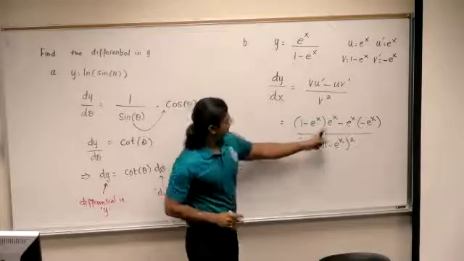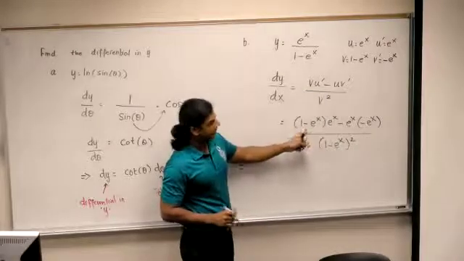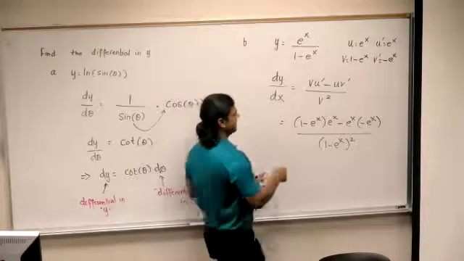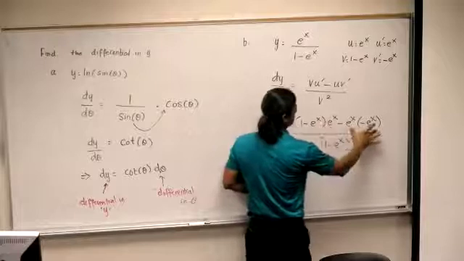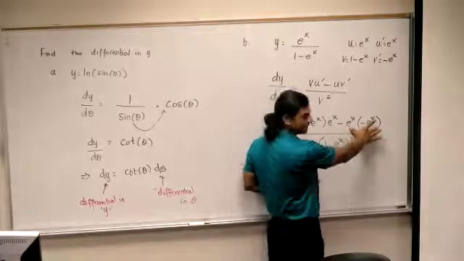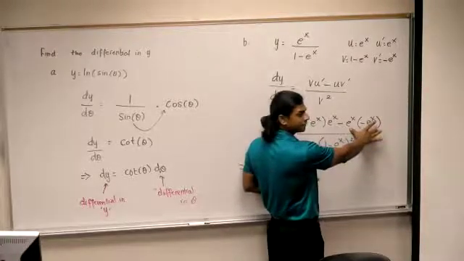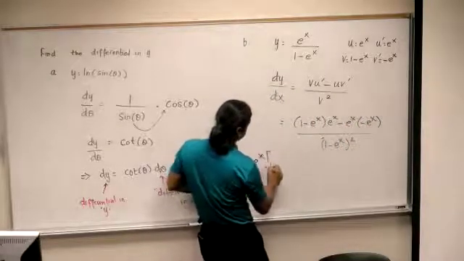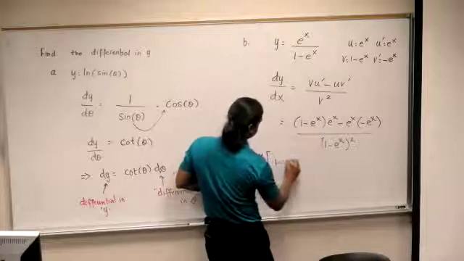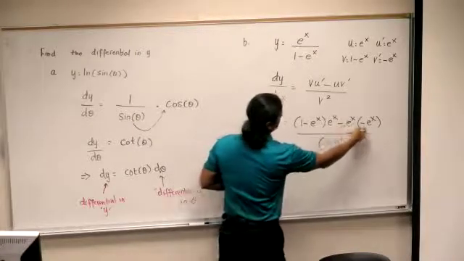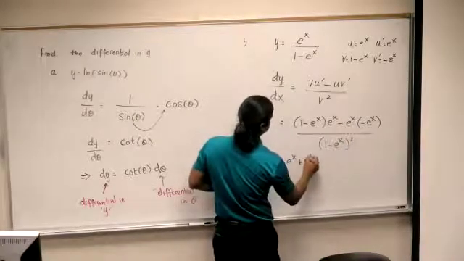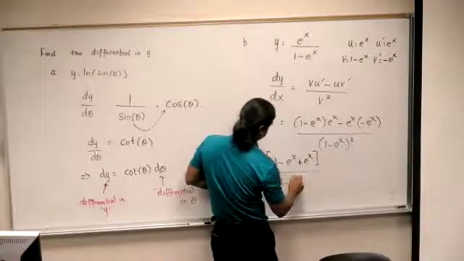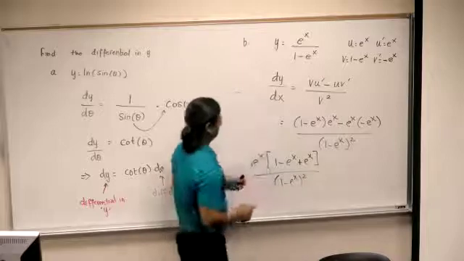And so what you end up with, distribute the e raised x. You could either do it that way or recognize that this term and that term have an e raised x in common. If you pull that out, you would have 1 minus e raised x, minus times minus plus e raised x, which would just leave you with e raised x over 1 minus e raised x squared.